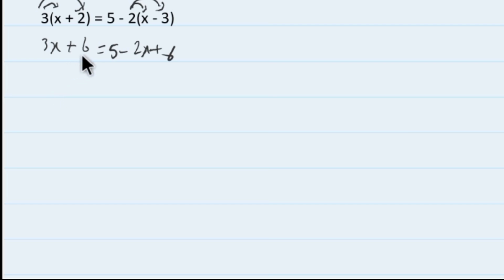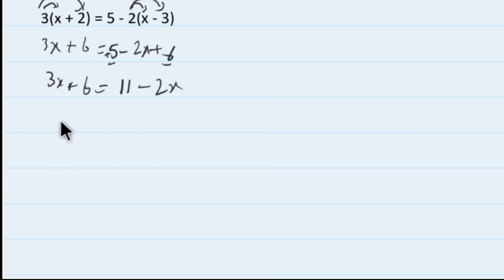Since there are no like terms on left hand side, this side will stay same, that is 3x plus 6. But our right hand side have two like terms 5 and 6. So after regrouping and simplifying, we will get 5 plus 6, it's 11.